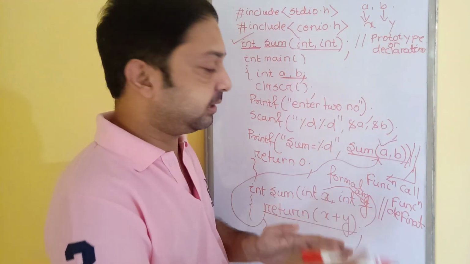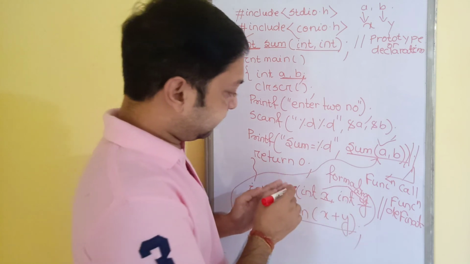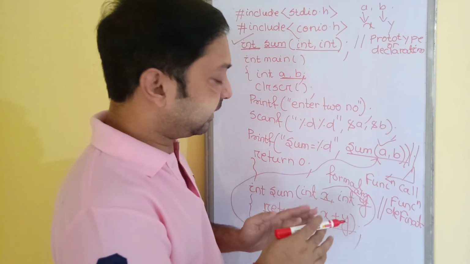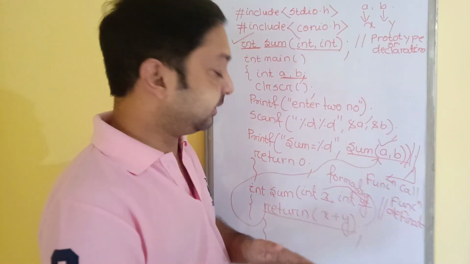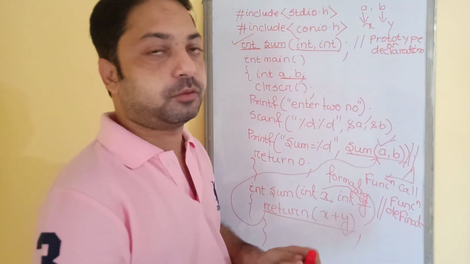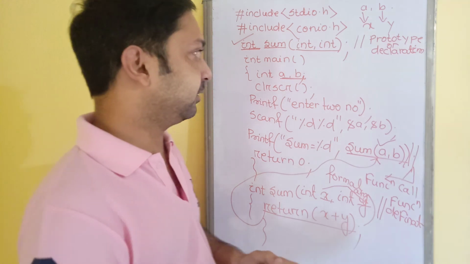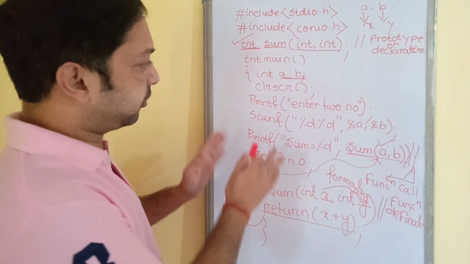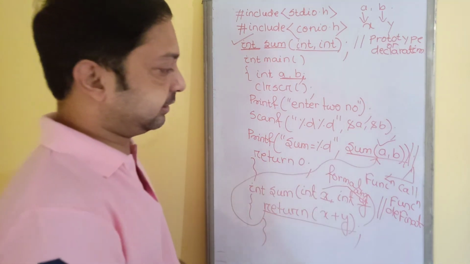These are known as dummy because the value of that particular argument is not going to be used. So what is its use? Its use is basically to contain a copy of the actual argument, which will be easier for the operation. So this is the simple program of how to add two numbers using function.